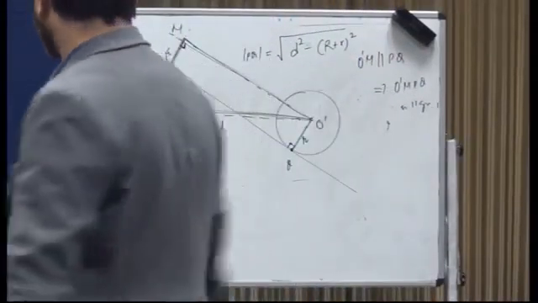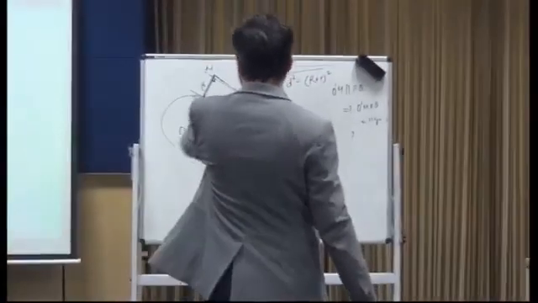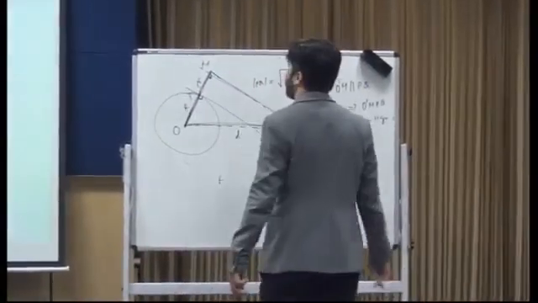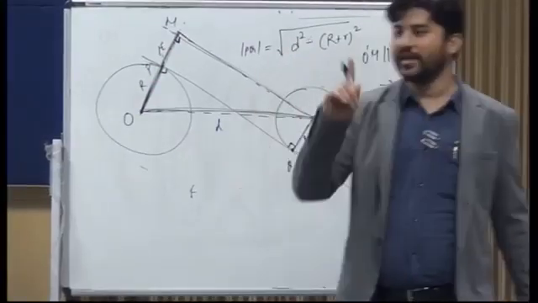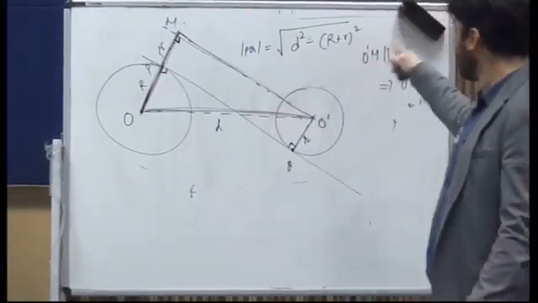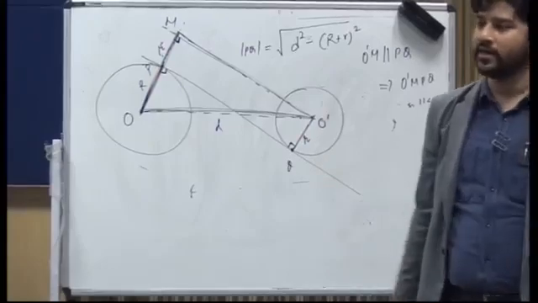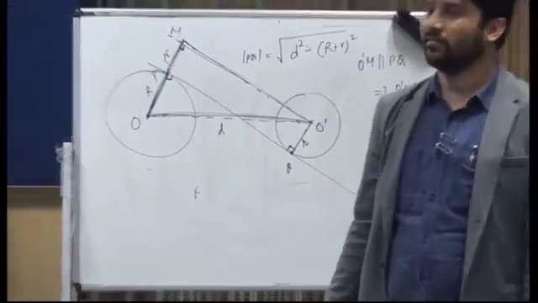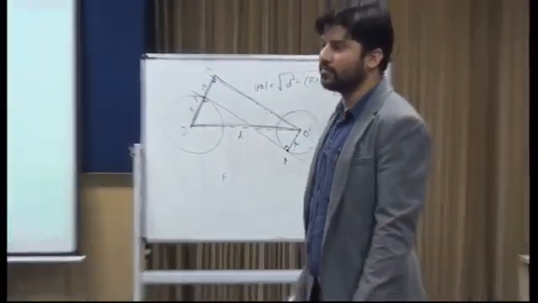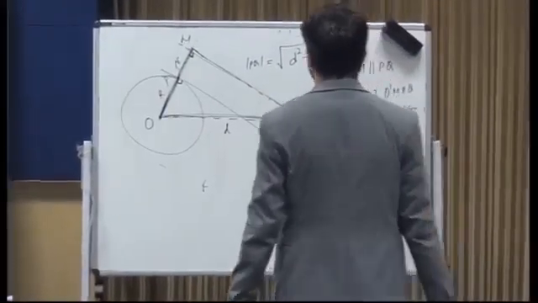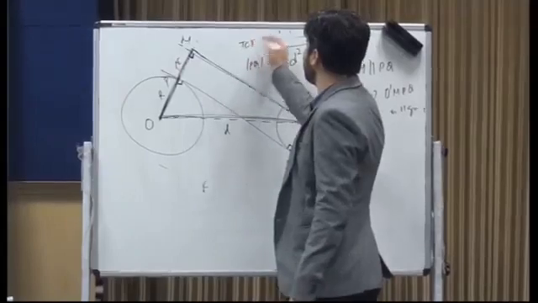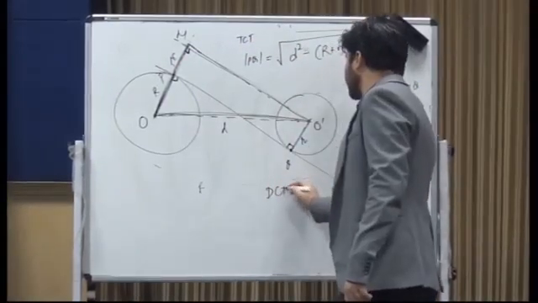Okay, now tell me by common sense, the length of DCT turns out to be under root D square minus R plus r whole square. The transverse. And the length of direct was under root D square minus R minus r whole square, right? Now tell me which one would be greater in length? The transverse or the direct? This is TCT and DCT का length क्या आया था?